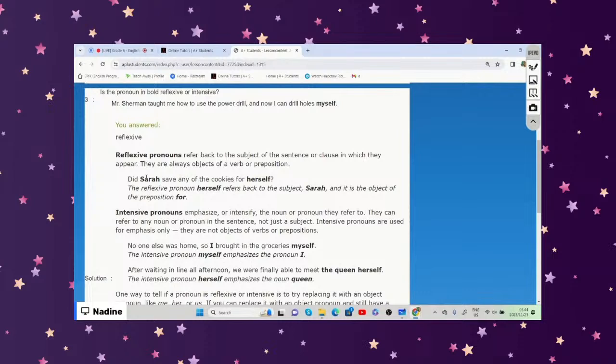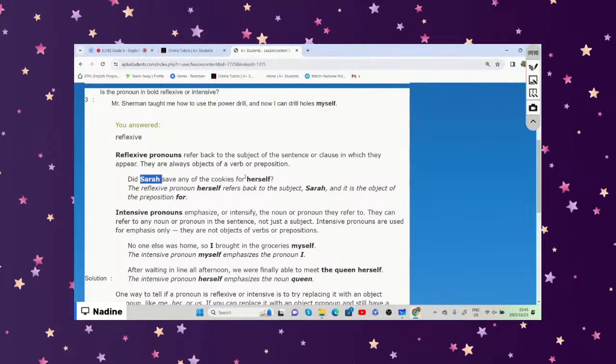And that needs to refer back to the subject, right? So in this case, it says Sarah, right? Did Sarah save any of the cookies for herself? Which means that Sarah is maybe we can say she, right? So did she save any cookies for herself?